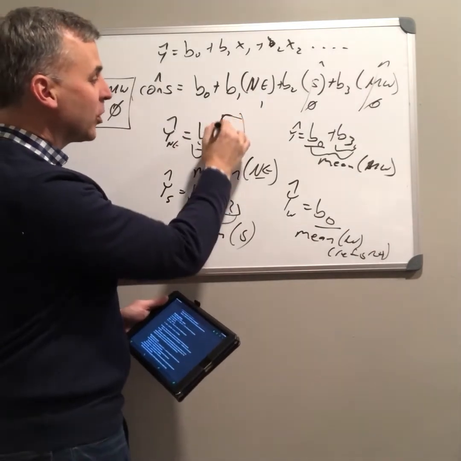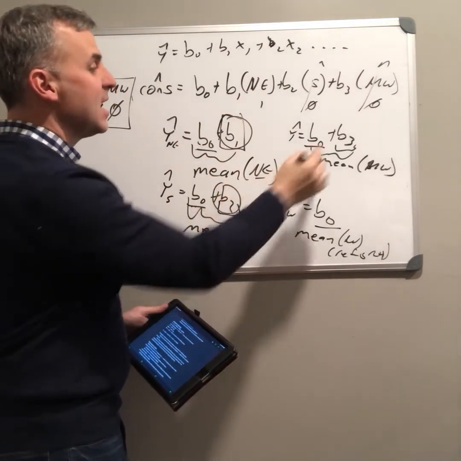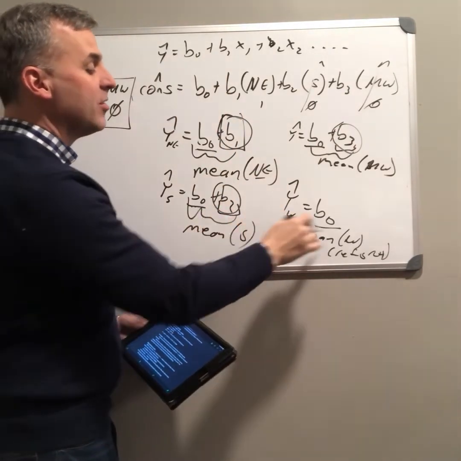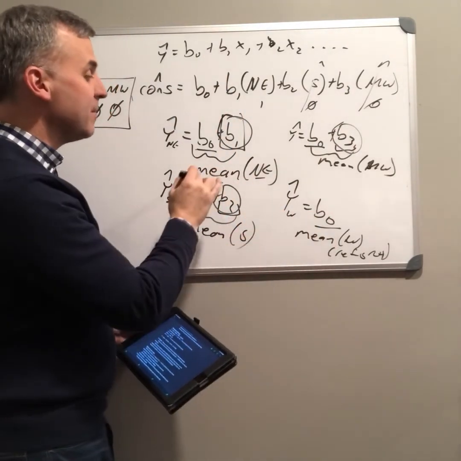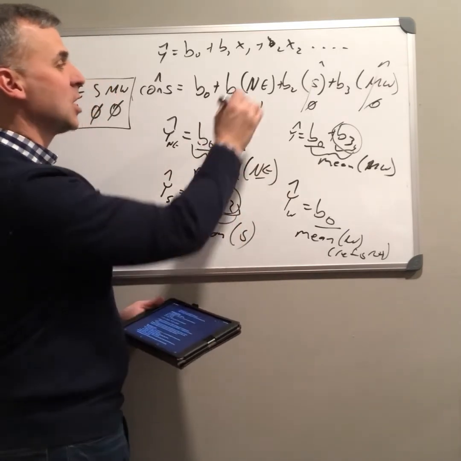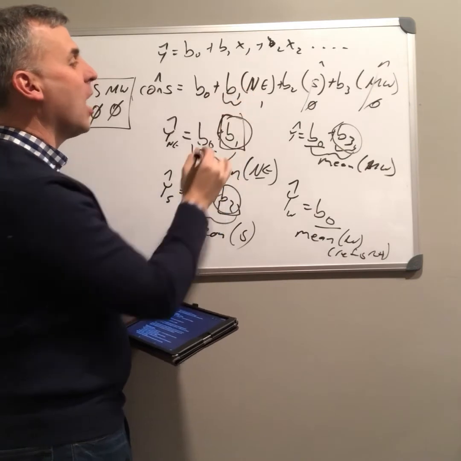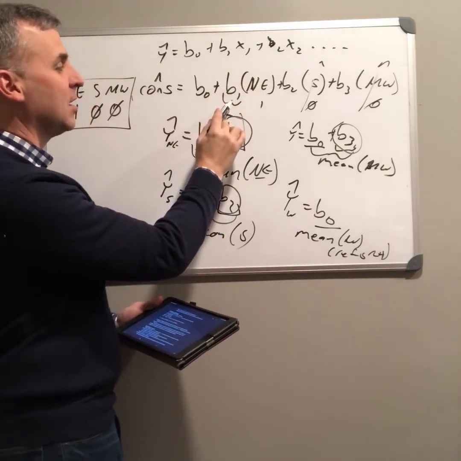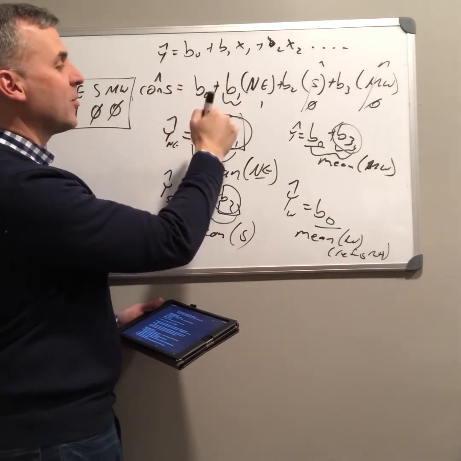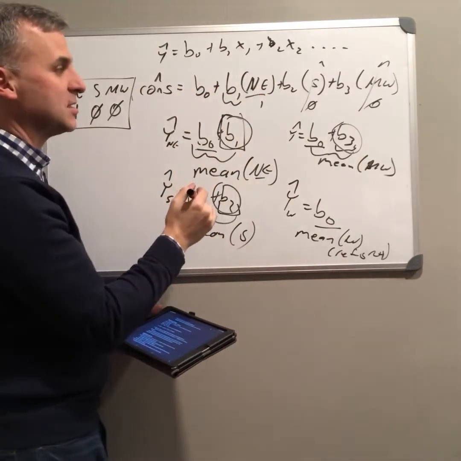So our regression coefficients are how far above or below the mean of the reference group the mean is for that dummy code, for whichever one it is, right? So we interpret B1 here as the difference, in conservative values, between being from the reference group and being from the Northeast.